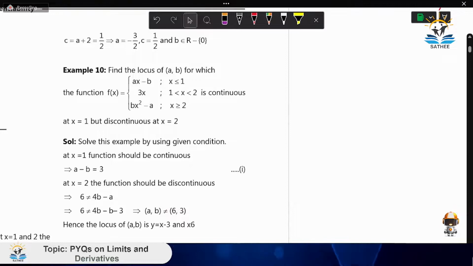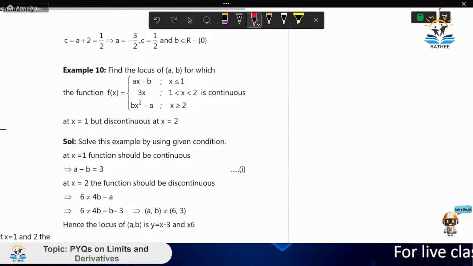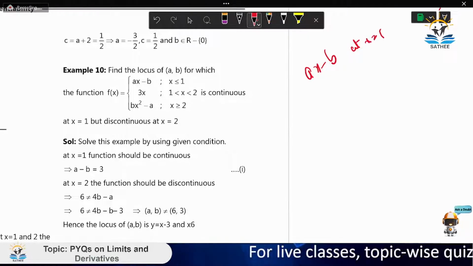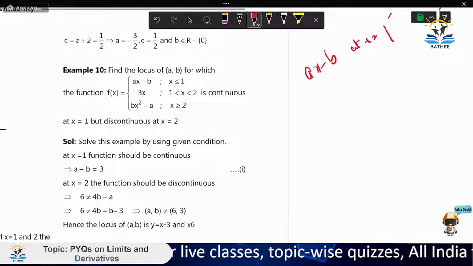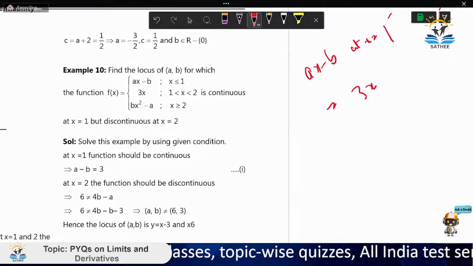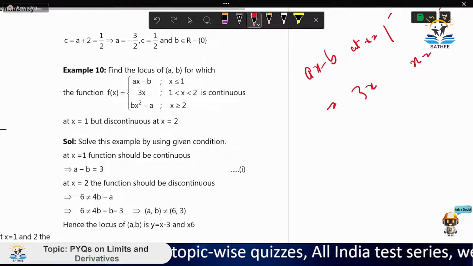Find the locus of a and b for which the function f of x is continuous at x equals 1, but discontinuous at x equals 2. So let us see. x minus 1 times b at x equals 1, a minus b equal to 3 times of x at x equals 1.